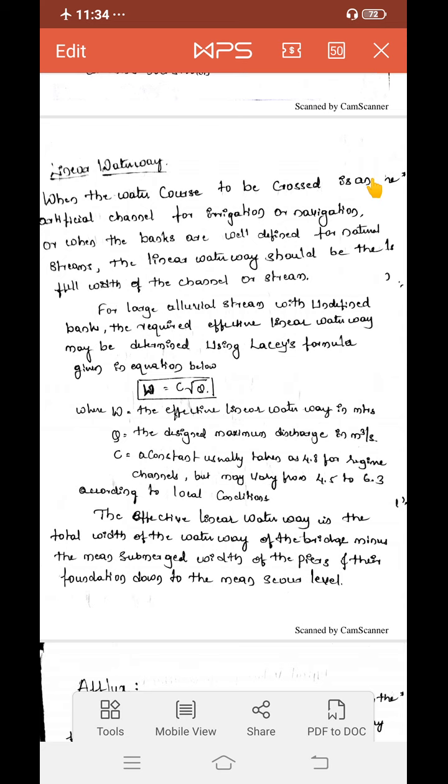For a large alluvial stream with undefined banks, the required effective linear waterway may be determined using Lacey's formula.